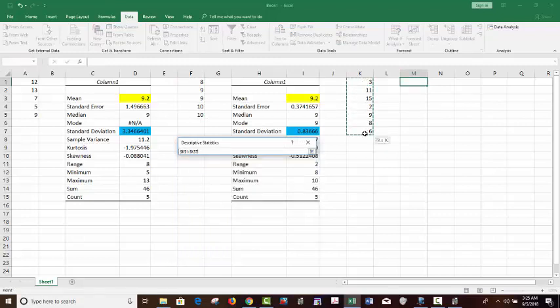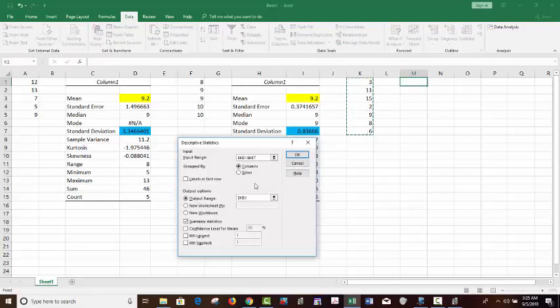Or I could have just typed them in there. And then output range. I'll just go M1. You don't have to put a finishing point there because it'll go to the right and down, and that way it takes care of itself. And then the summary statistics box needs to be checked. Then we click OK.